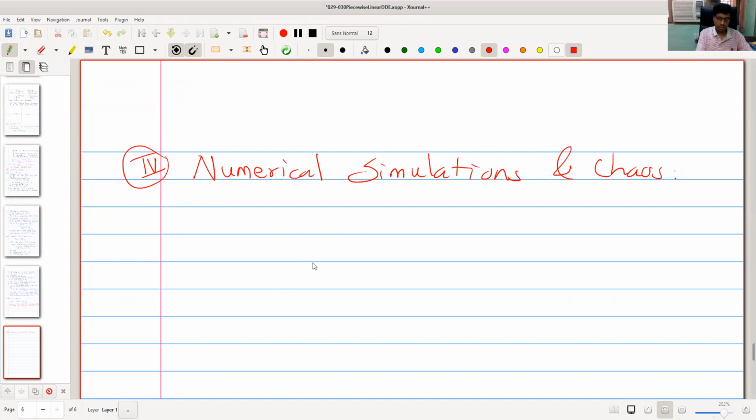So to observe chaos, we need to use numerical solutions. We cannot do this using pen and paper or analysis.